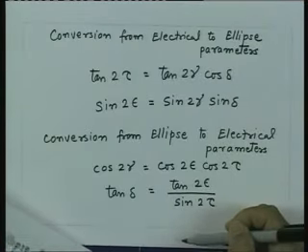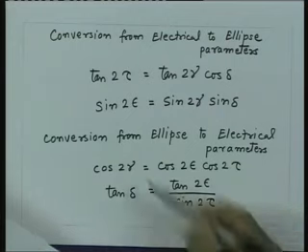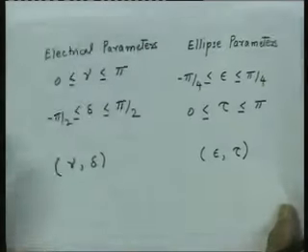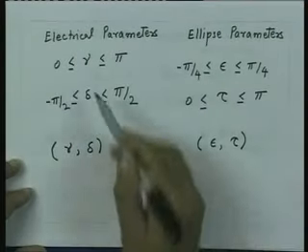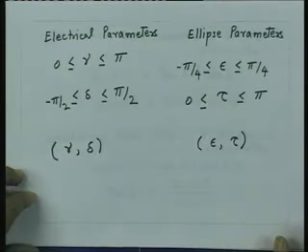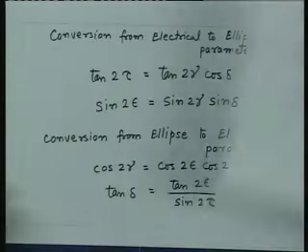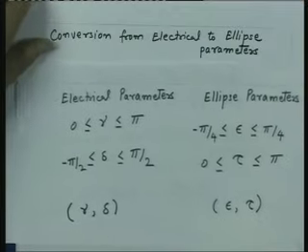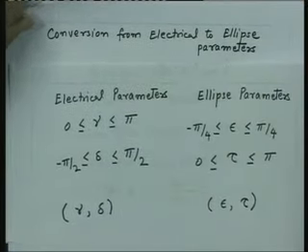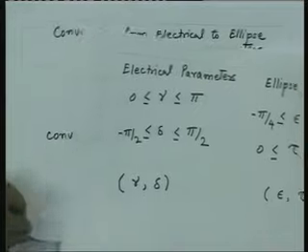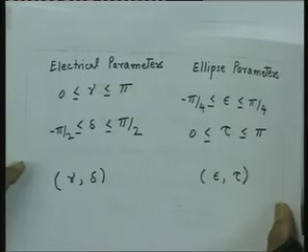Depending upon the sign of these quantities, you will have multiple choices, so we choose the values appropriately so that they lie in this range. By using these relations analytically, one can convert from one state of polarization in one domain to another domain.